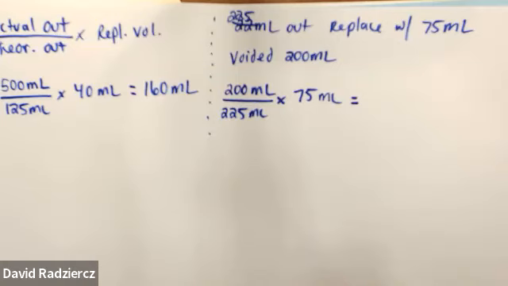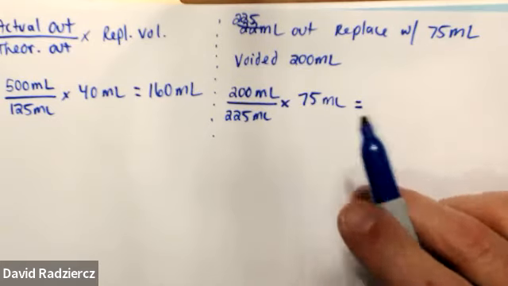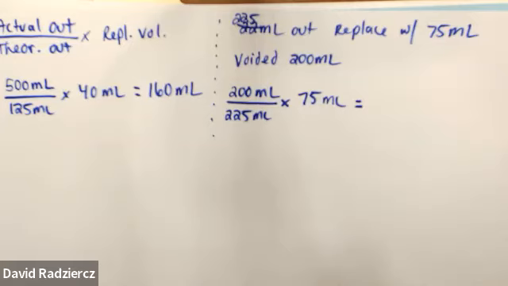Now, before we get to the answer, do you think the replacement volume will be more or less than 75? Would it be more? Okay. So here's how you know it's going to be less. Oh, wait, I see now.